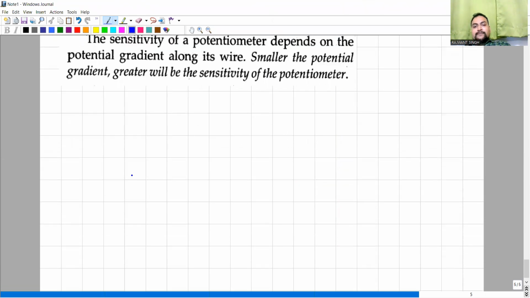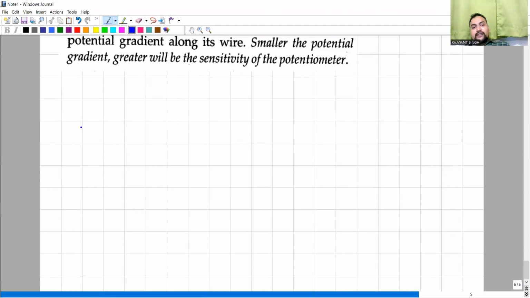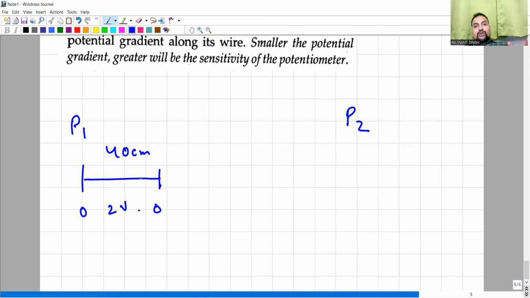So for example, let's say there is a potentiometer 1 and a potentiometer 2. This potentiometer is going to measure, let's say, a 2 volt potential difference between the 2 points, and the balancing length happens to be 40 centimeter.